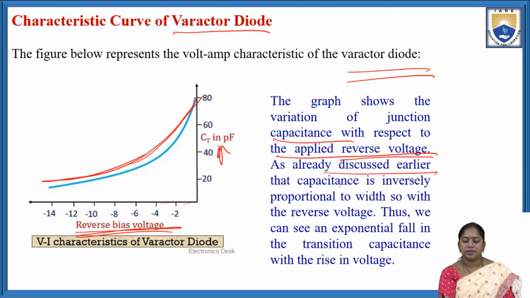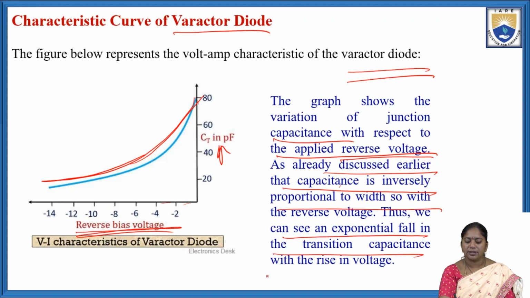As already discussed earlier, the capacitance is inversely proportional to the width of the depletion layer. With the reverse bias, we can see an exponential fall in the transition capacitance with the rise in voltage.